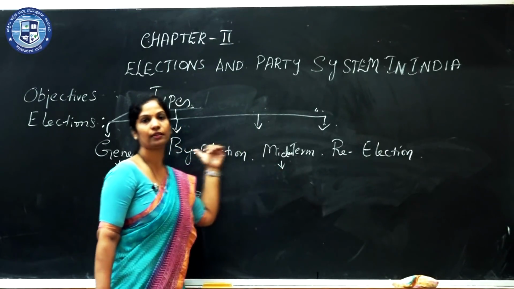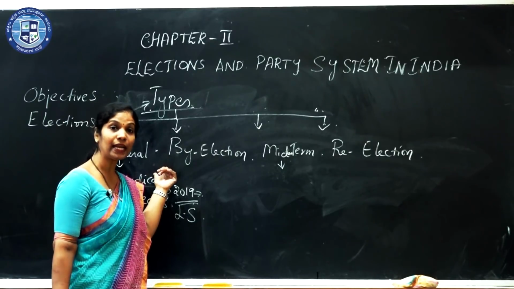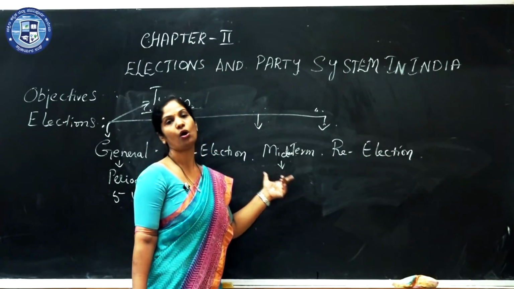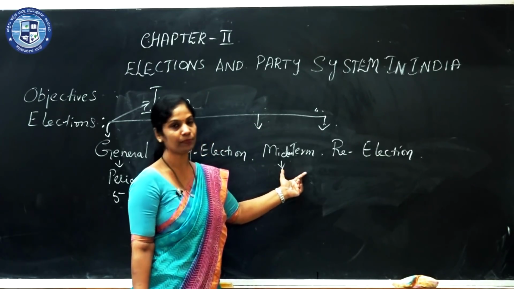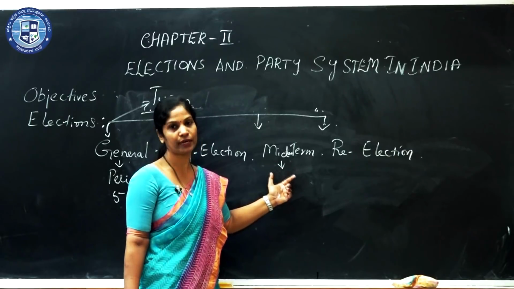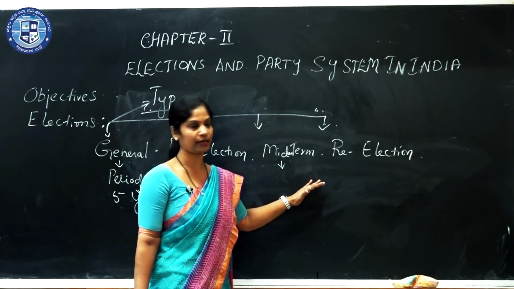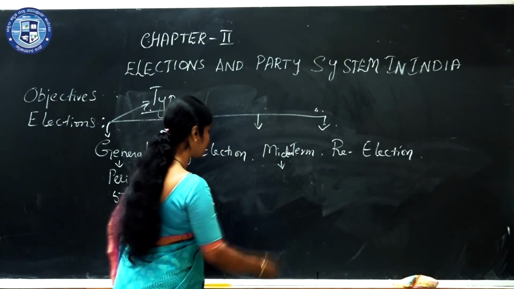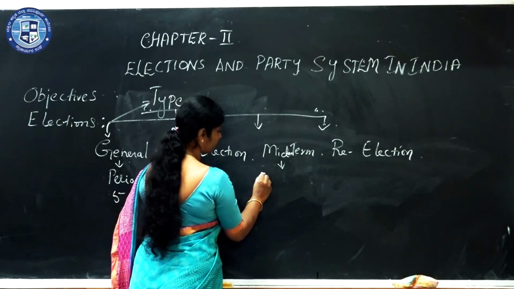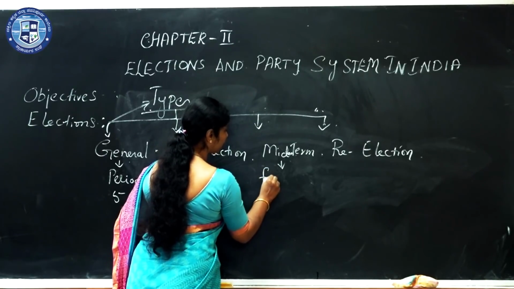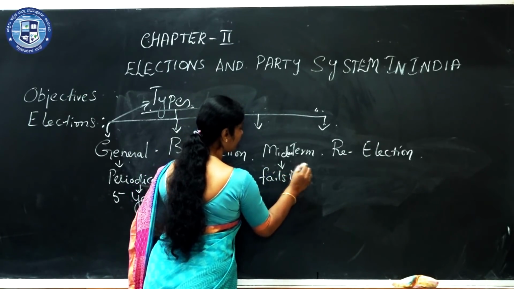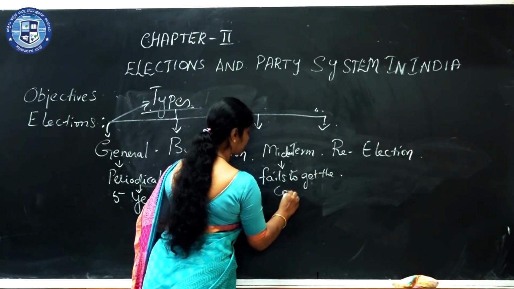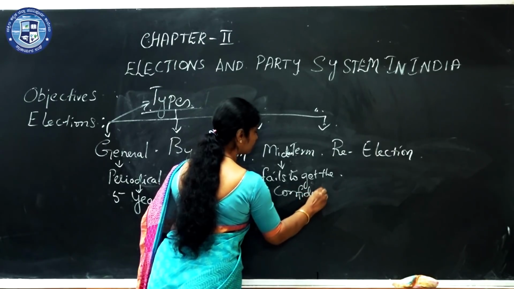So if the government which has been elected in a general election fails to continue in office, or fails to get the confidence of the house during that time, the elections are held, and those elections are known as the midterm elections.